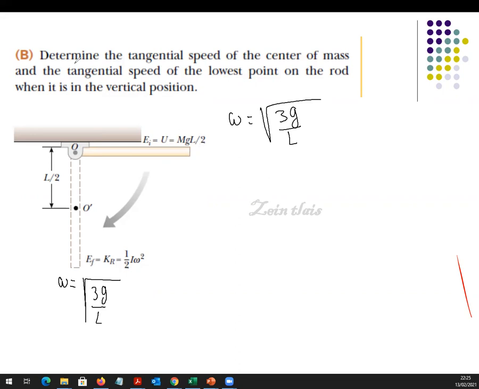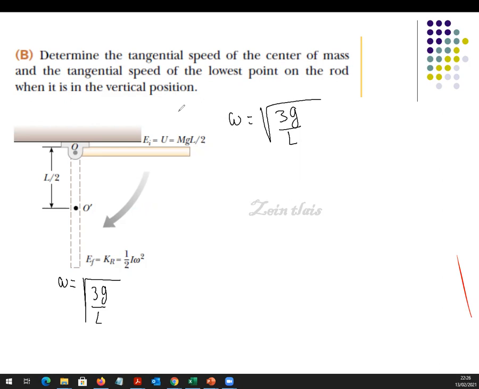Here I ask you to determine the tangential speed of the center of mass and the tangential speed of the lowest point on the rod when it's in the vertical position.